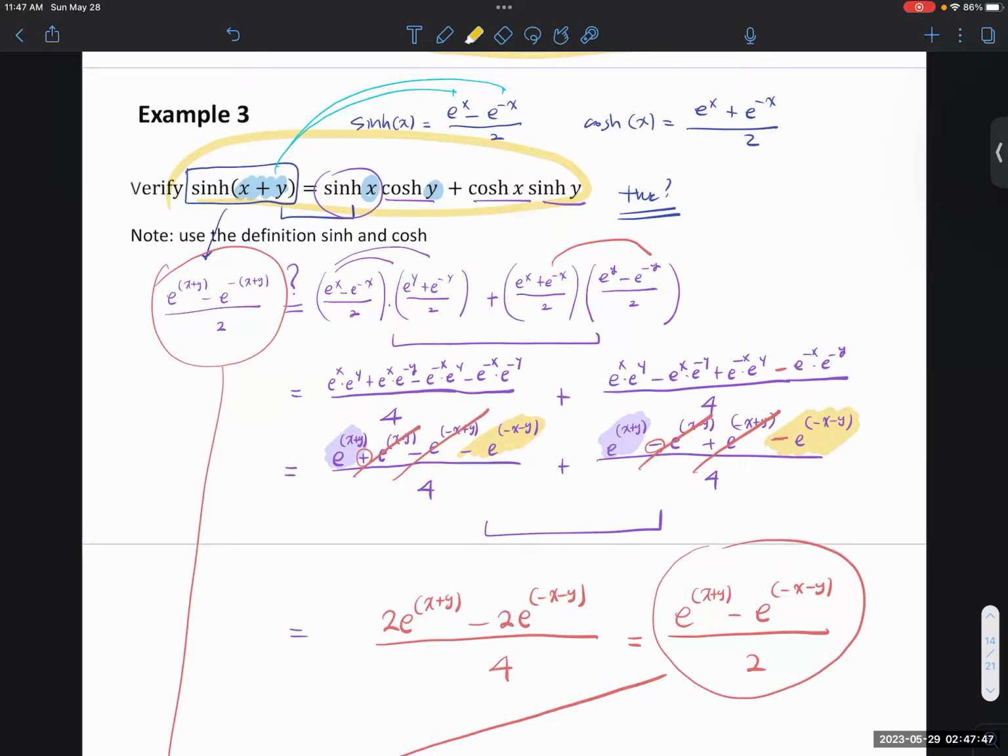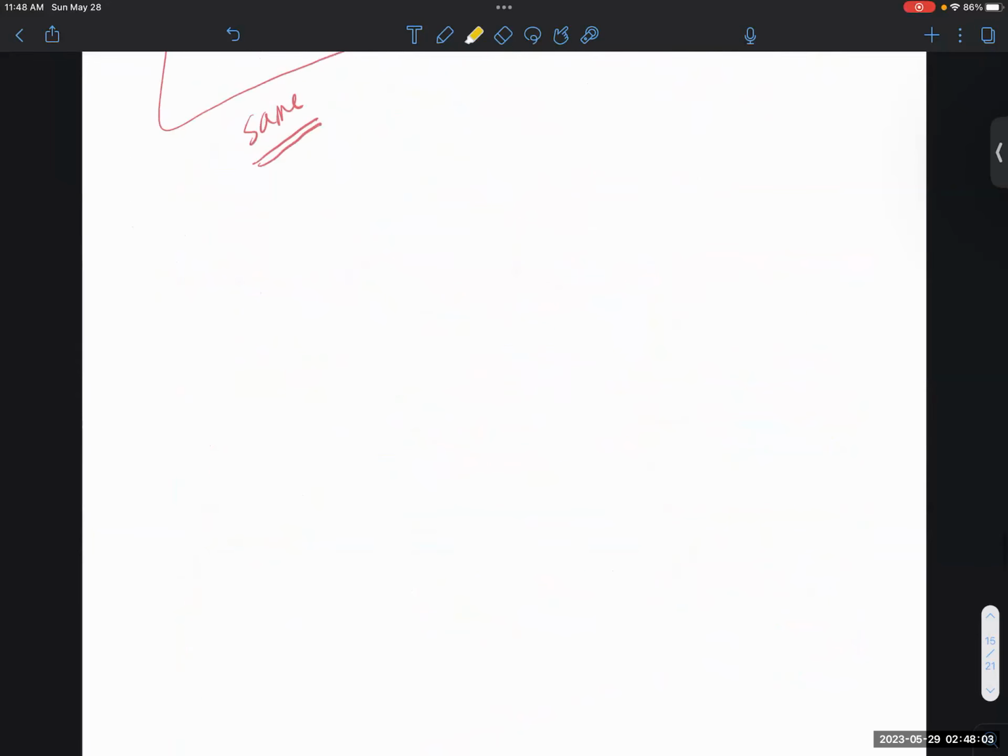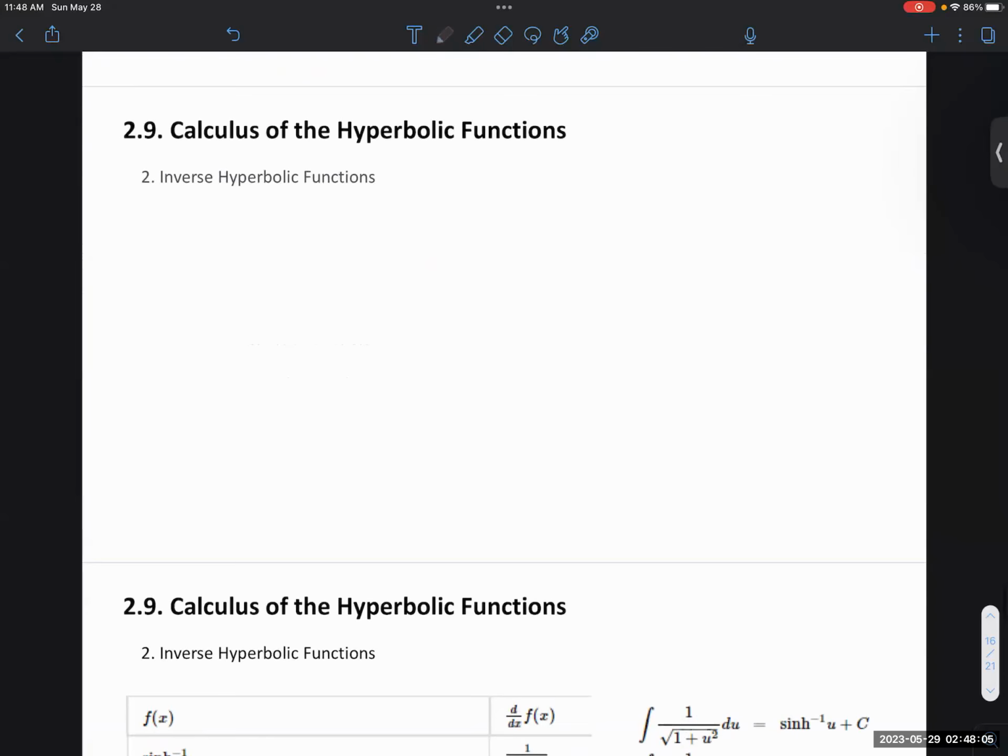What if we have an inverse? If you remember in trigonometric functions, we know all 6 trigonometric functions such as sine, cosine, tangent, cosecant, secant, and cotangent. The same thing is happening in hyperbolic functions. So let's take a look at it here. Inverse hyperbolic function. In trigonometric functions, sine theta, let's say, equals y.